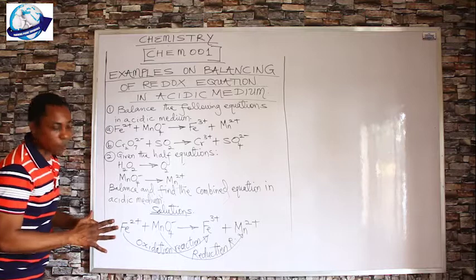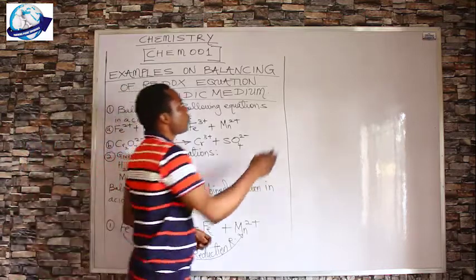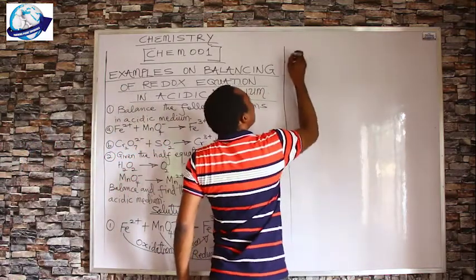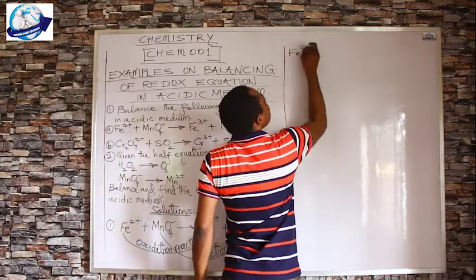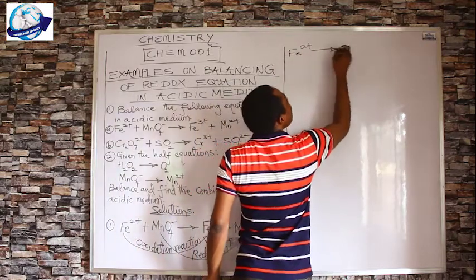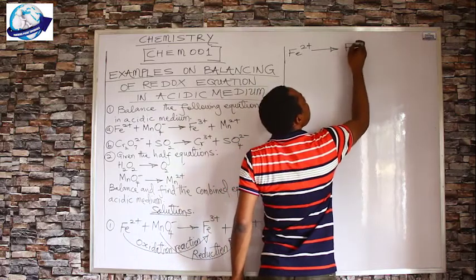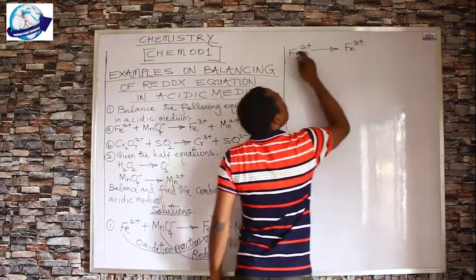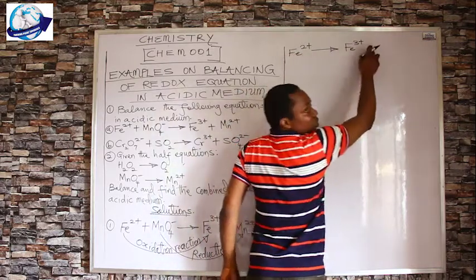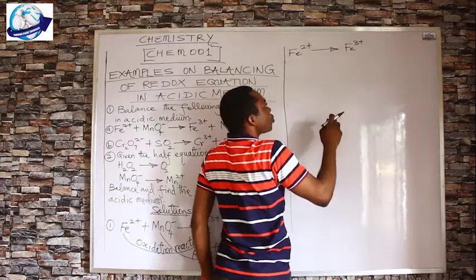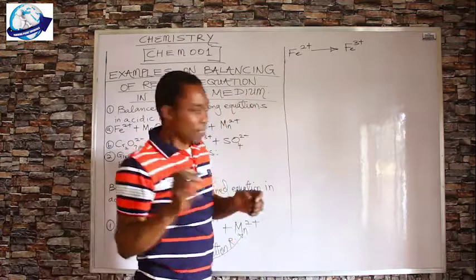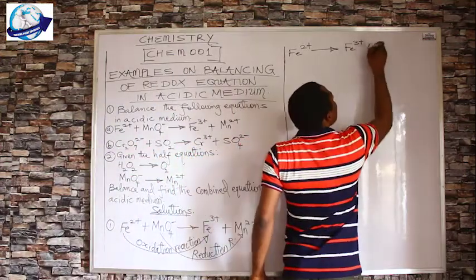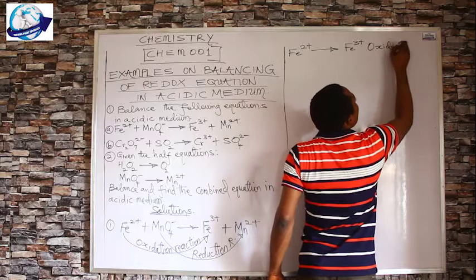That is the splitting. The first one now would be this: Fe2+ has been oxidized to Fe3+. This is called the oxidation half equation, for the oxidation going on here.